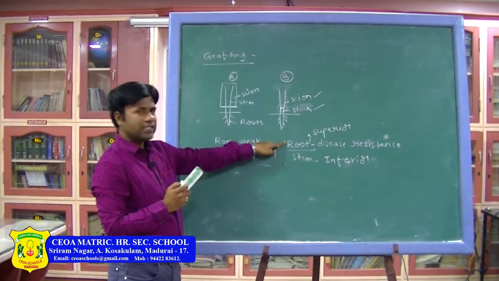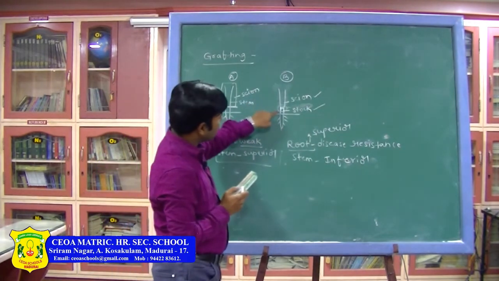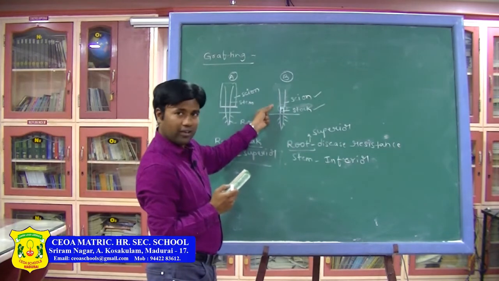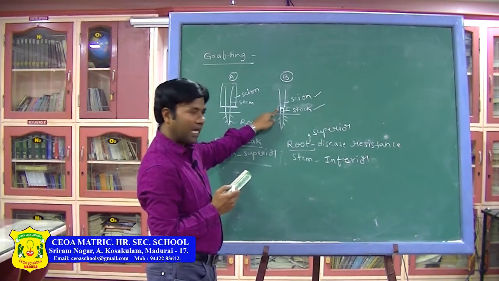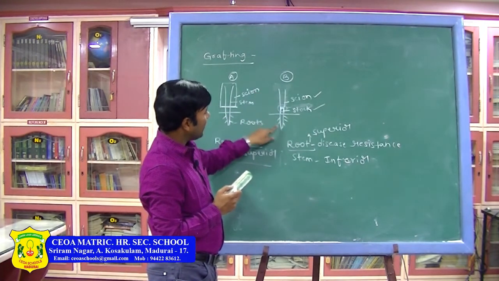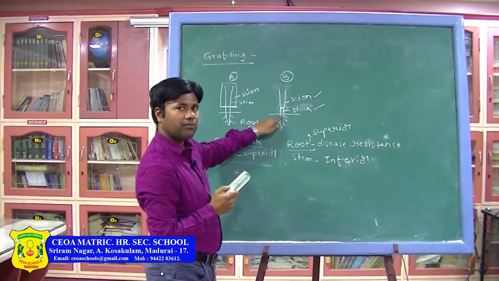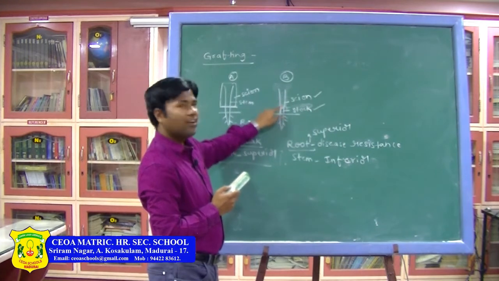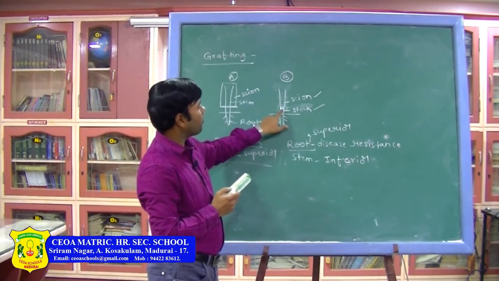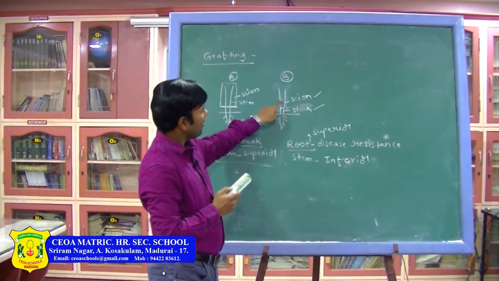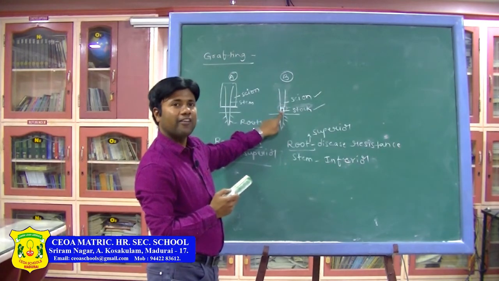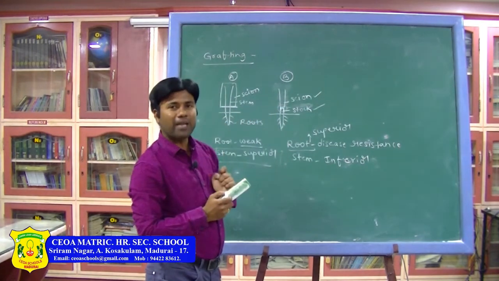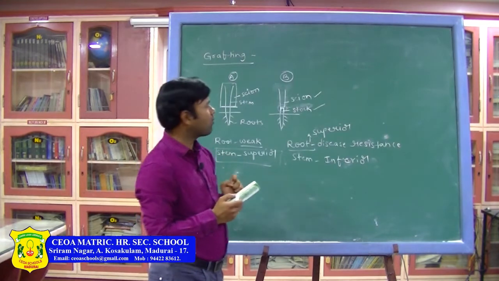Here the root is superior. Only this much part, the stalk, is very slightly weak, but due to the scion and the root, cell division and differentiation will take place and the superior part will grow in this area also. Then scion and stalk together give us a composite plant.